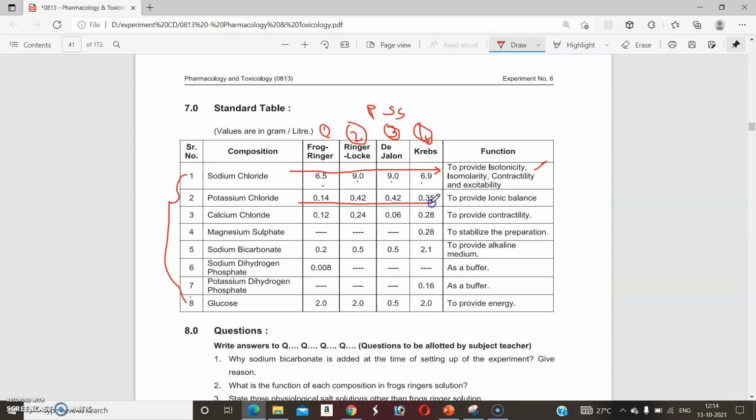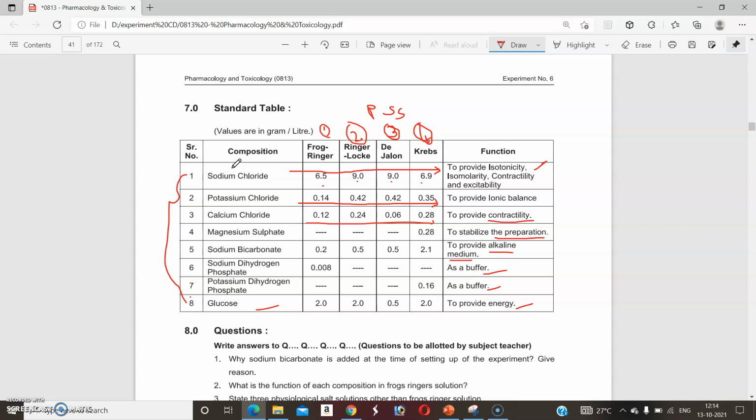Potassium chloride provides the ionic balance, calcium chloride provides the contractility, magnesium sulfate stabilizes the preparation, sodium bicarbonate provides an alkaline medium, sodium dihydrogen phosphate and potassium dihydrogen phosphate act as buffers, and glucose provides the energy. So these are the different roles of the different chemicals used in physiological salt solution.